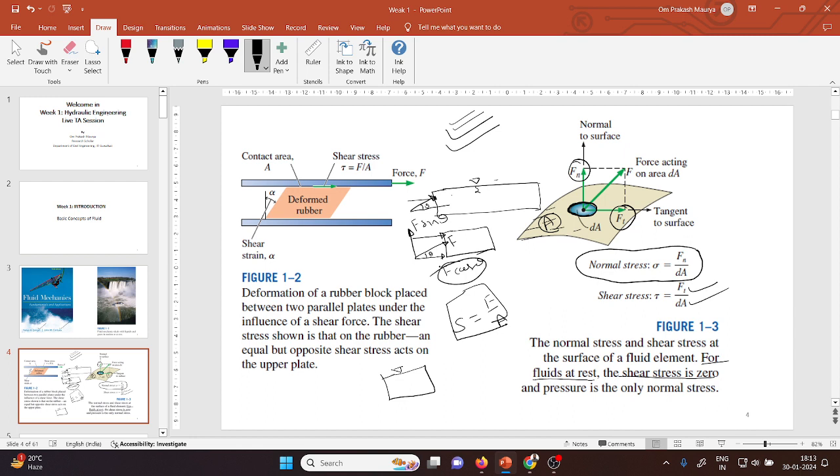But if your fluid is not flowing, that means your shear force, or tangent force, is zero in case of rest condition. So this is that. Now coming to the next slide, if you want to take a screenshot, please take a screenshot, no problem from my side.